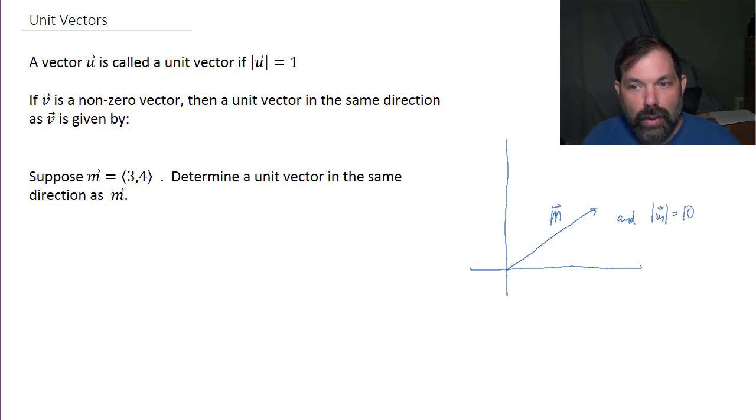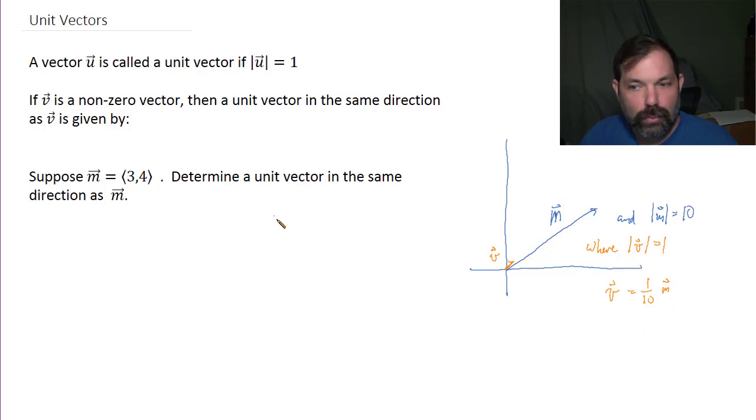So in a sense, what I want is I want to figure out this vector right here. I want to figure out this v vector where the magnitude of the v vector is exactly 1. Well, if we just sort of think about what we've learned in the past, this is just a scaling. All I need to do is figure out 1/10. So in this case, v, the v vector, would be 1/10 of the m vector.